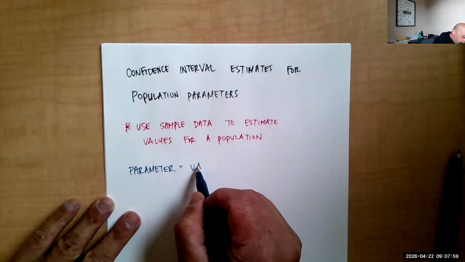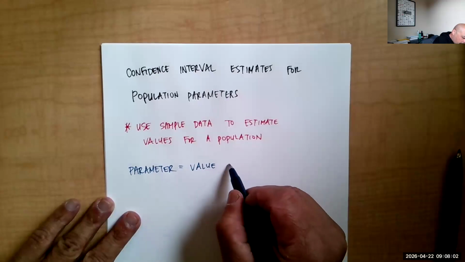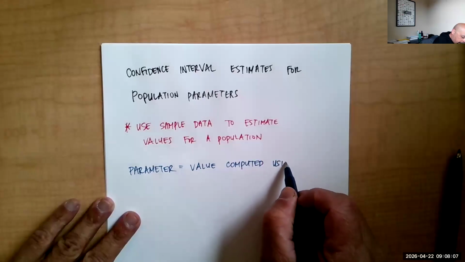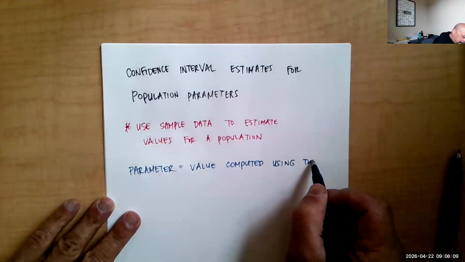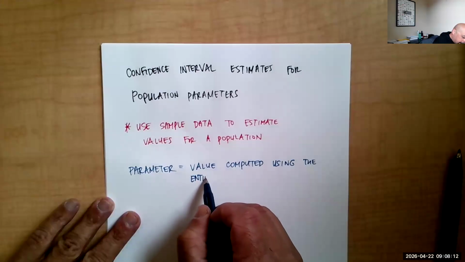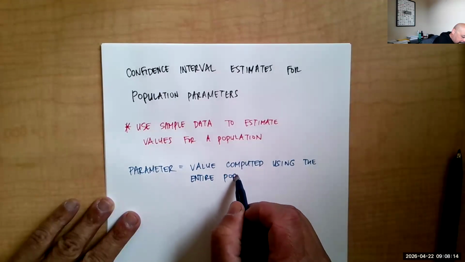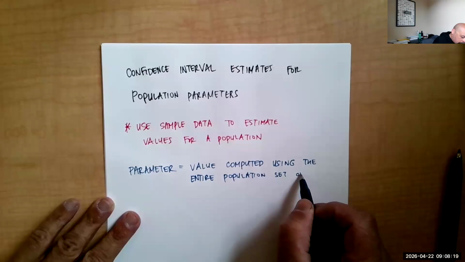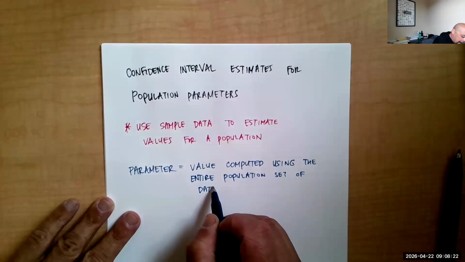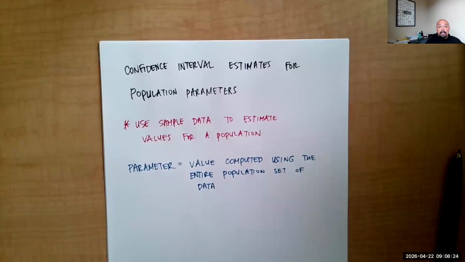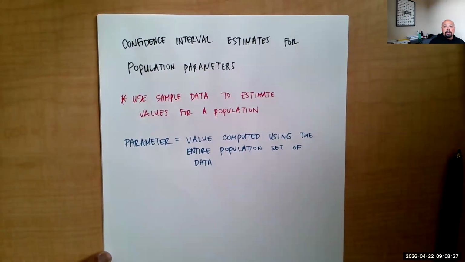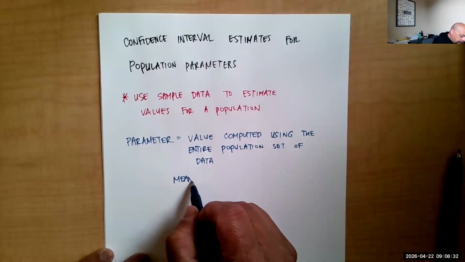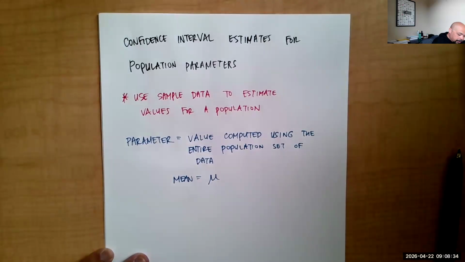is a value computed using the full or entire population set of data. And so with those parameters that we started talking about in chapter 3, in our numerical summaries, for our mean, the population mean, we use this Greek symbol mu.